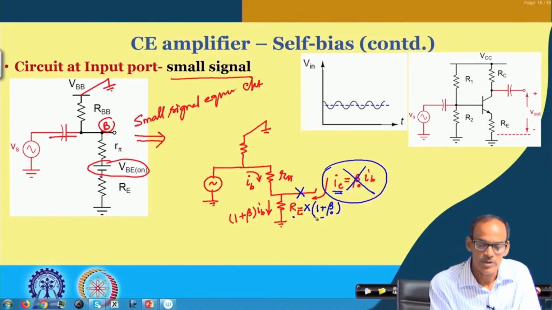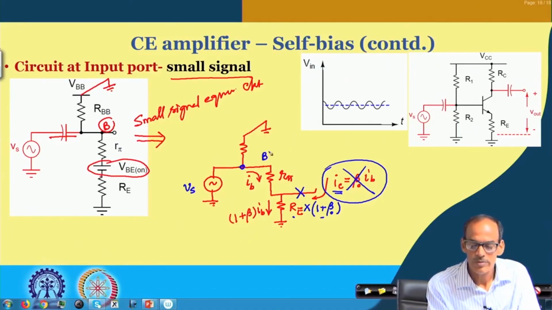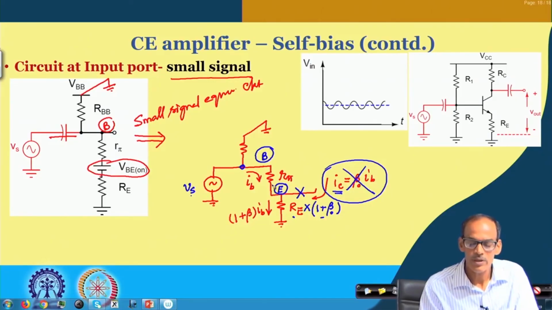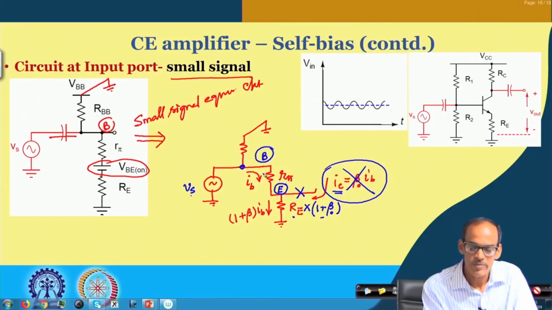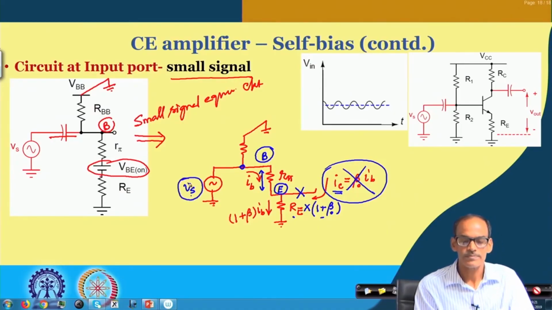Now, this Vs is coming here and it is going to the base terminal. Note that this is the emitter terminal. So, obviously, Vs is not the same as VBE as it was for fixed bias. It is rather having a voltage drop here, which is called base to emitter voltage, different from this Vs. Now, let us look into the output side.